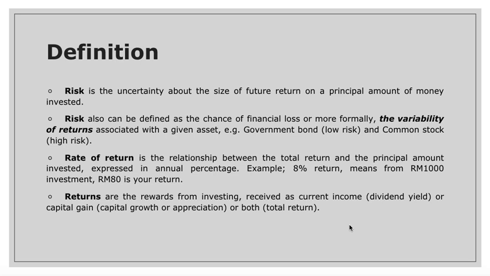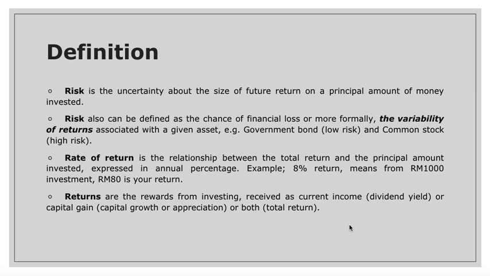Risk also can be defined as the chance of financial loss, or more formally, the variability of returns associated with a given asset. From the investment, because we don't know how much return we will actually get, we call it the chance of financial loss.